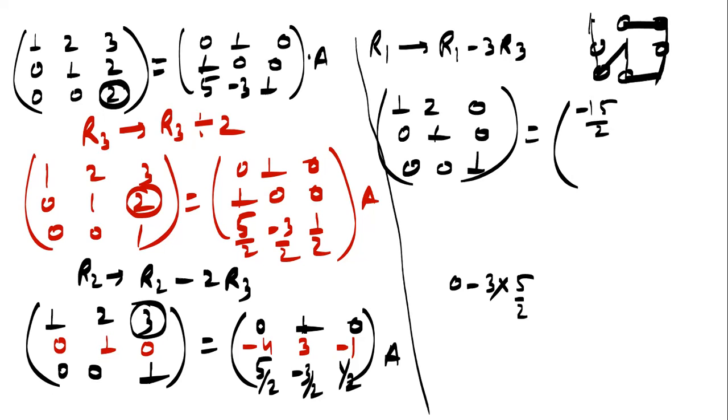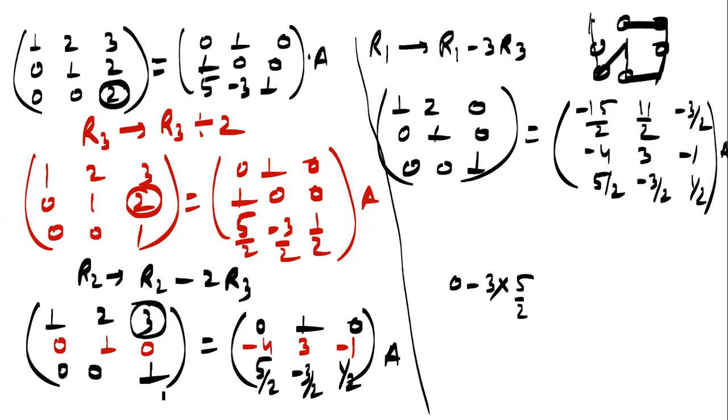Similarly, it will become 1 plus 9 upon 2, it will be 11 upon 2. 0 and minus 3 upon 2, that is minus 3 upon 2. This will remain as it is, minus 3, minus 4, 3, minus 1, 5 upon 2, minus 3 upon 2, and 1 upon 2, and A will remain as it is.